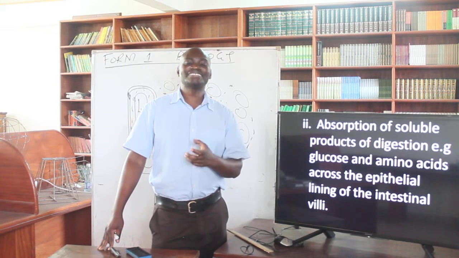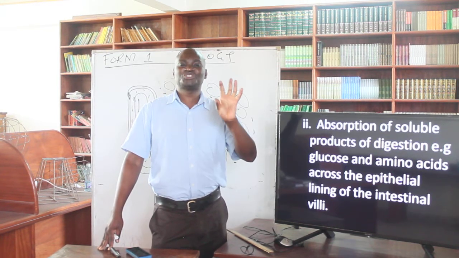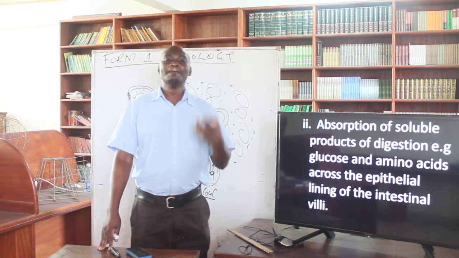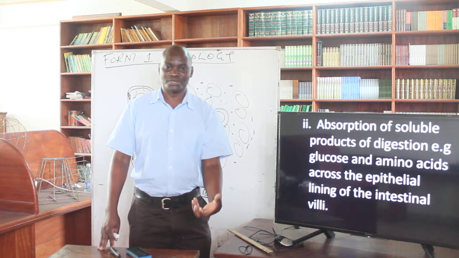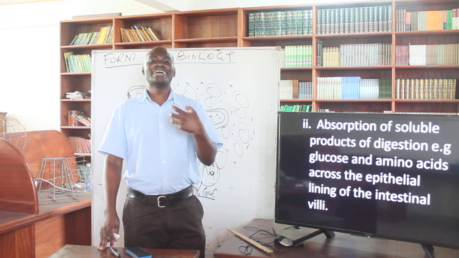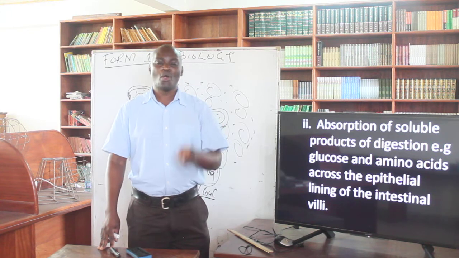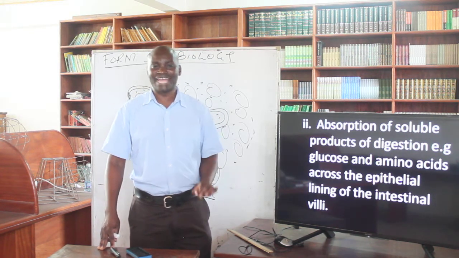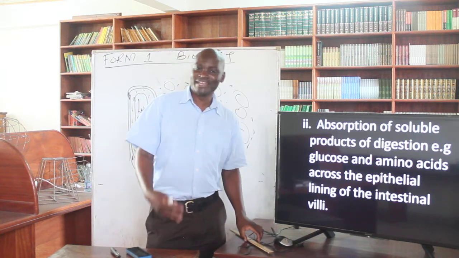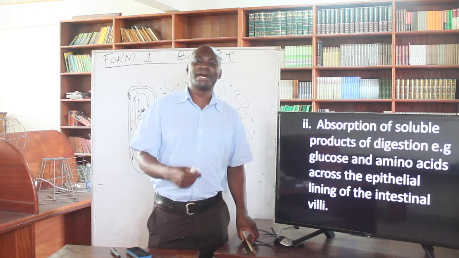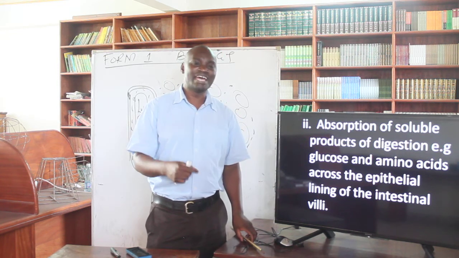In the intestines, we have finger-like structures that we call villi. We all know that most of the absorption of digested food materials occurs where? In the small intestine. And most of these materials are absorbed by the process of diffusion.